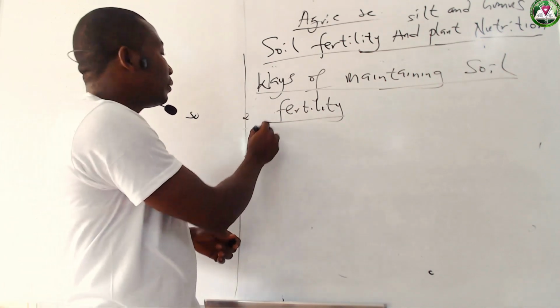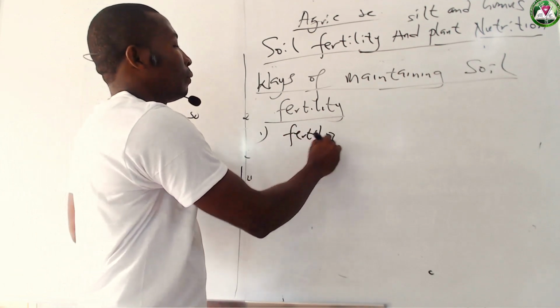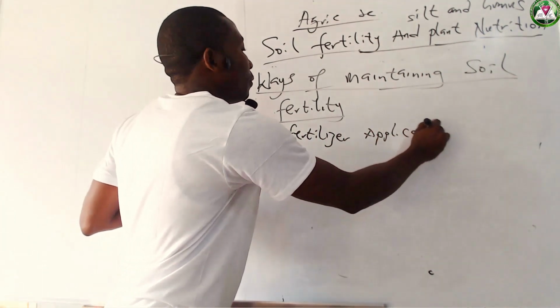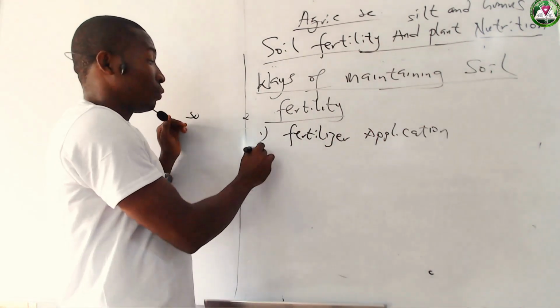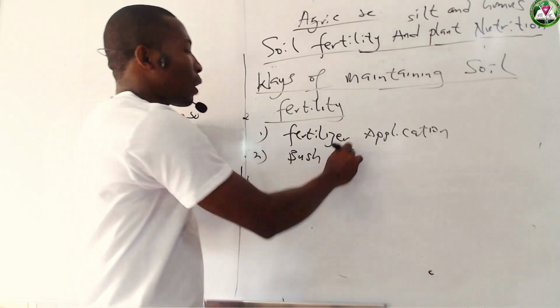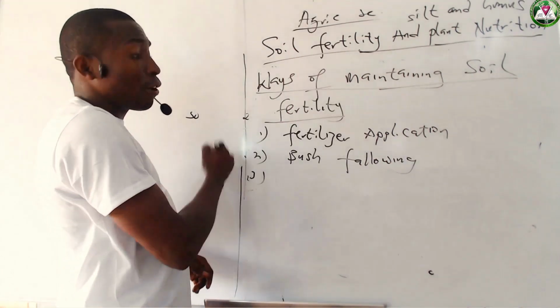Number one is through fertilizer application. Number two is through bush fallowing. Number three is through planting of cover crops.